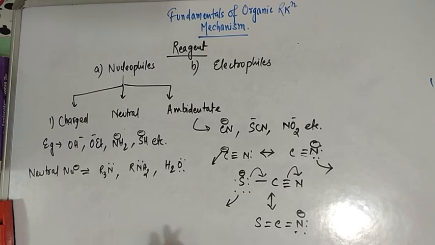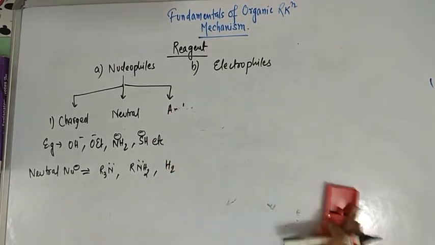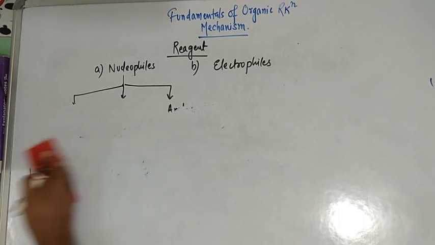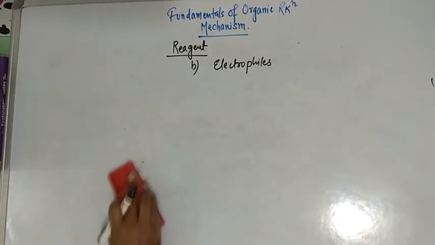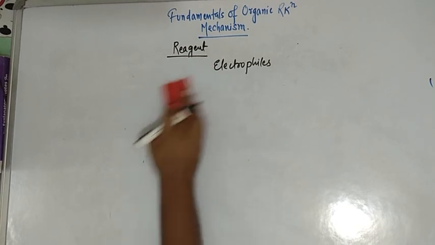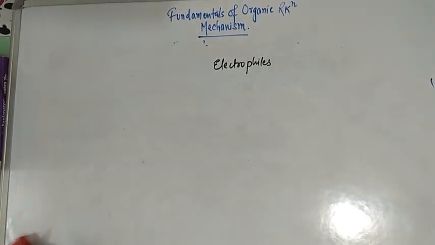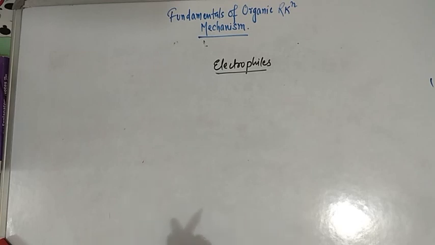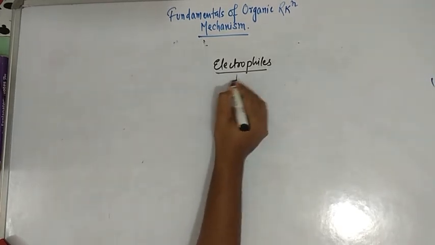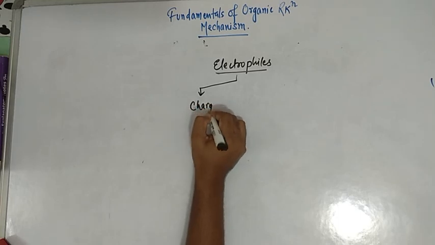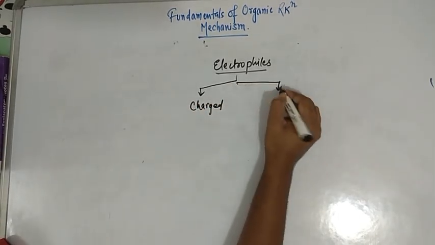Right? Now we will learn about electrophiles. So, what is an electrophile? An electrophile is a chemical species which has an electron-deficit center. That is, they are electron-deficit species. Electrophiles can again broadly be classified as charged as well as neutral.